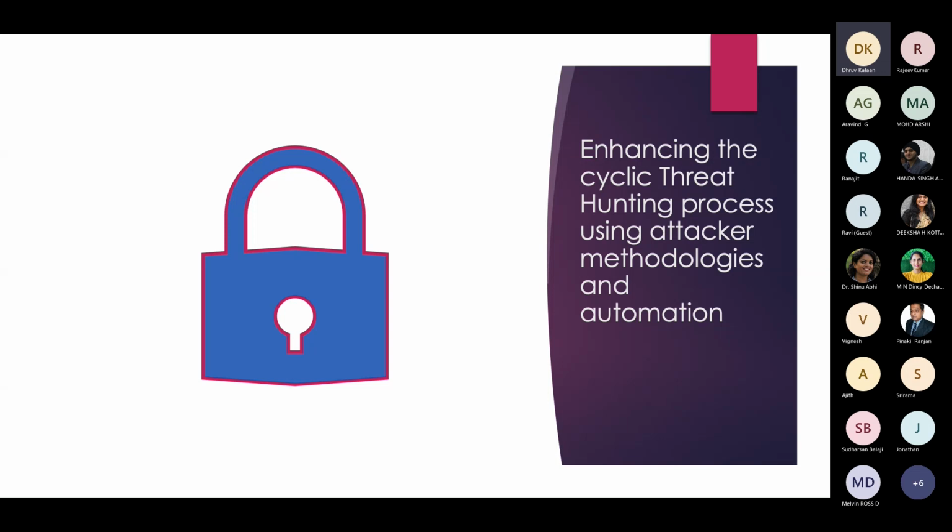So ATT&CK can also be used a lot in the threat hunting process, which we generally define in terms of how we will be defining a hunt, how we can map it back to ATT&CK, how we can use the playbooks we had defined earlier, and how we can use specific tools to get more and more information about the attacker methodologies.